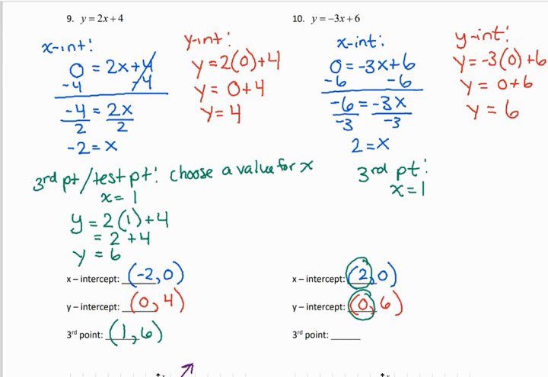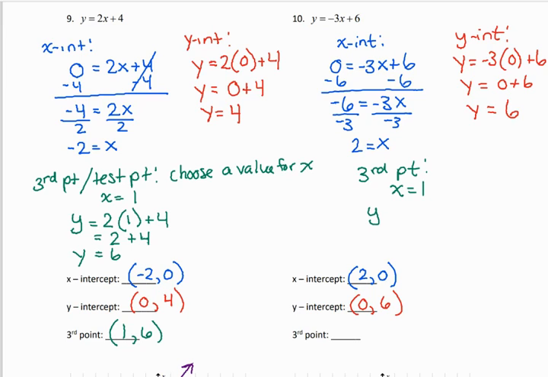So those are the only 2 values that you can't use for your test point. Is that clear to everybody? So if that x-intercept had been 1, don't choose 1 again. That's not going to help you. You would have to choose 2 or 3 or -1. Just any x value is fine as long as it's not one that you've already found with the x and y intercept. So since 1 works, let's plug that in.